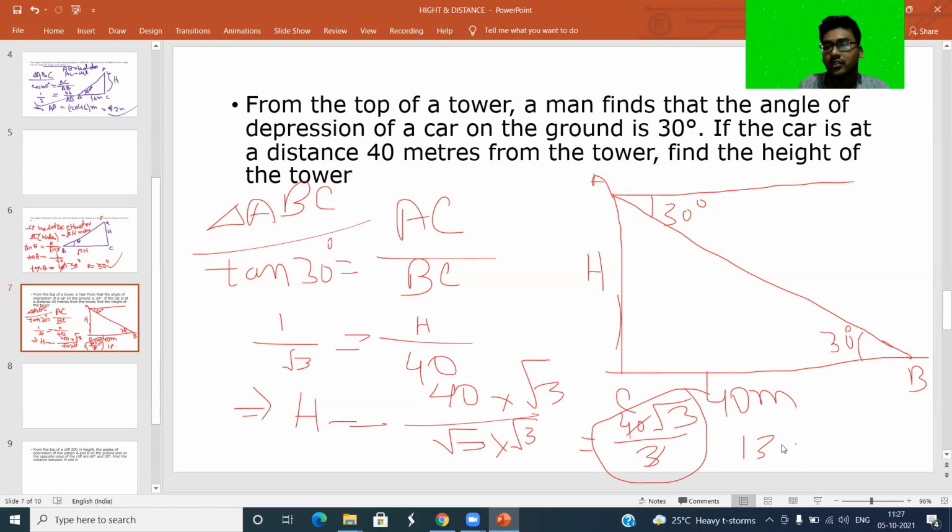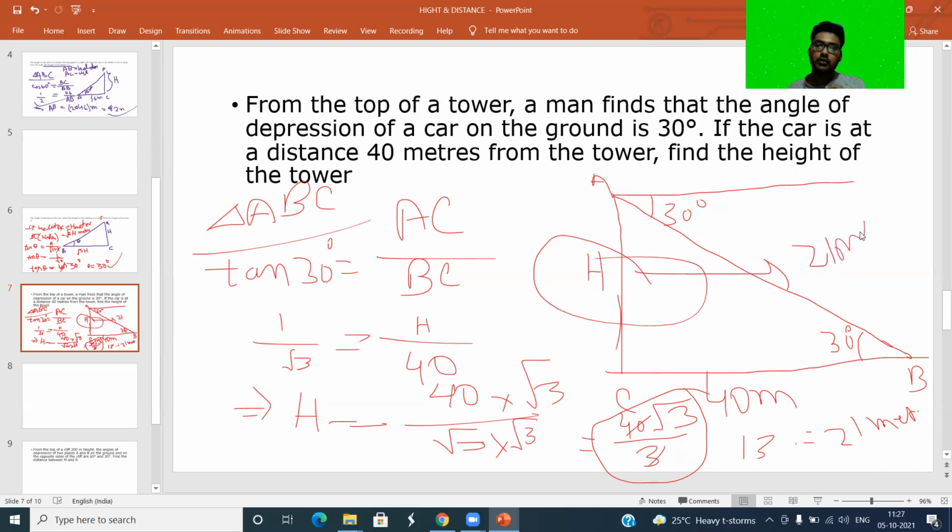So 13 point something; using the calculator we find the H value. Something like 21 meters. Okay, H value is 21 meters.